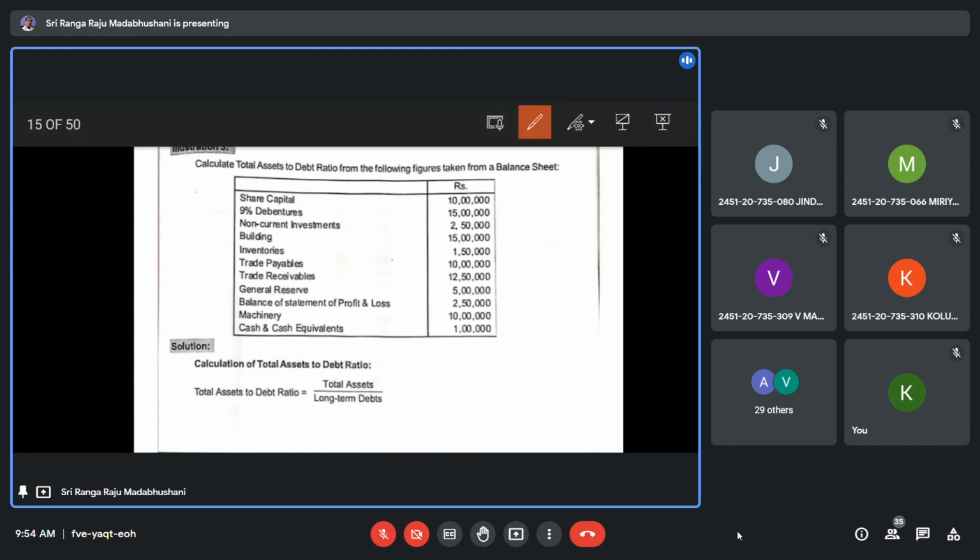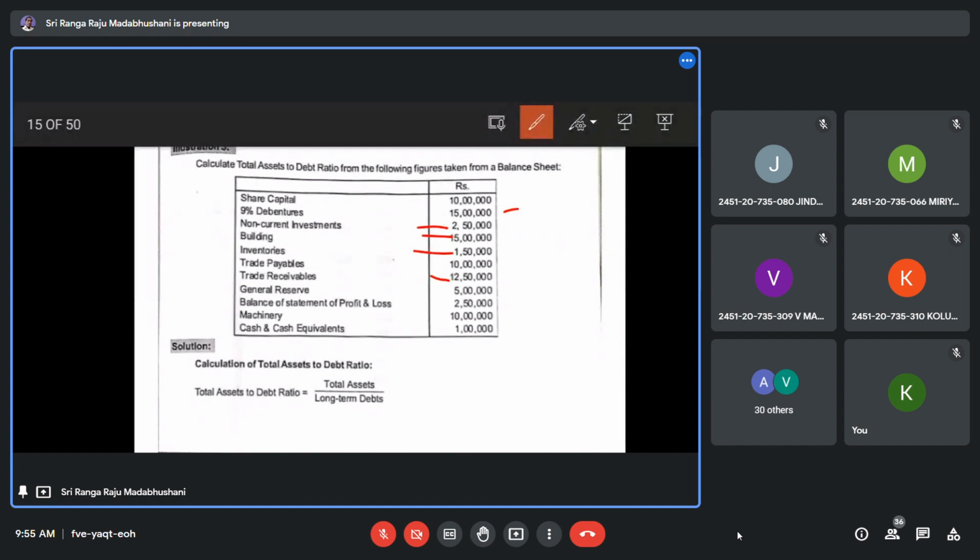So total assets to long-term debt: capital, debentures is debt, non-current investment asset, building asset, inventories asset, trade payables short-term liability, that is current liability, trade receivable asset, general reserve that is owners, balance of profit and loss account that is also owners, machinery asset, cash and cash equivalents asset.